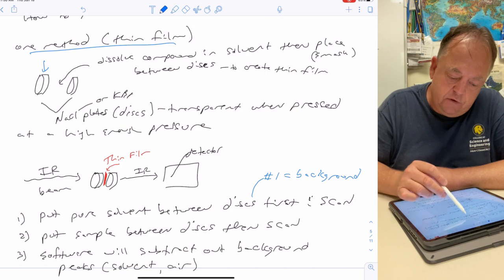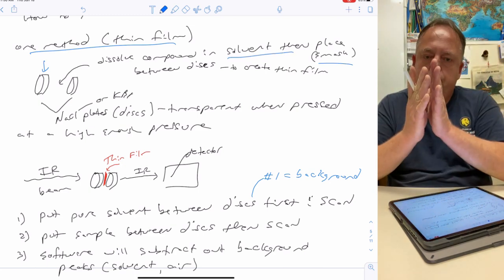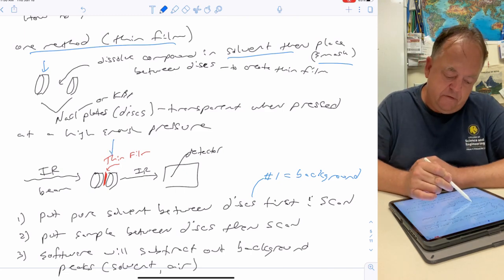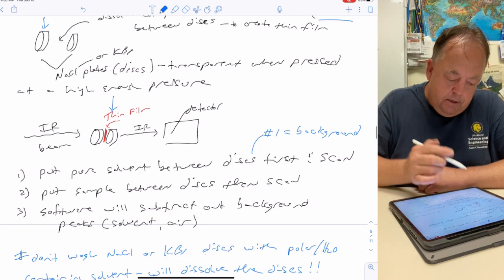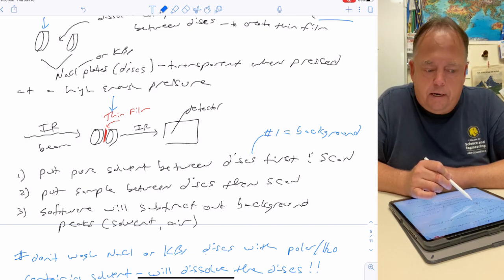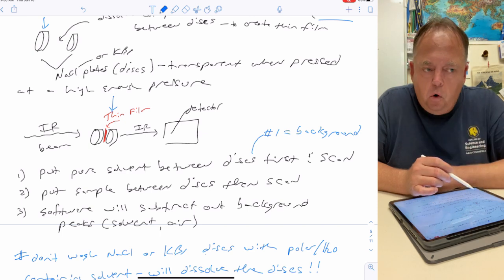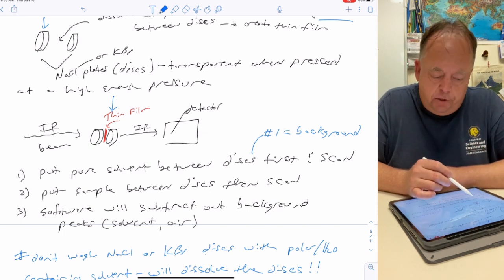And then you just dissolve your compound in some solvent and basically smash it between the two plates so that you create a thin film. The two sodium chloride or potassium bromide plates are just a way to hold your sample as a thin film between them.